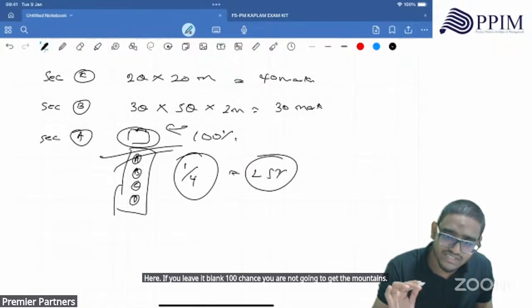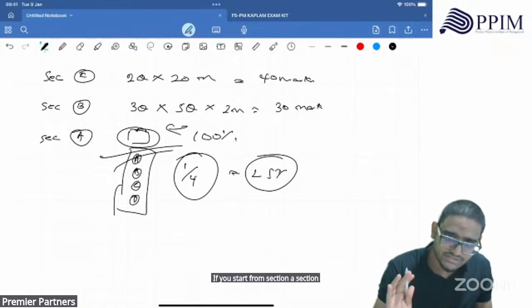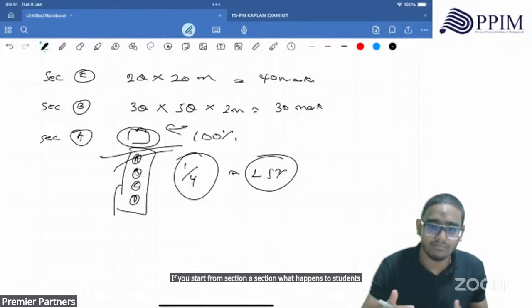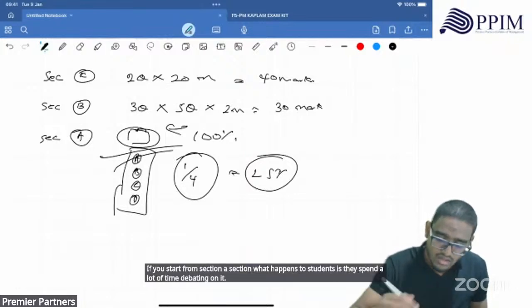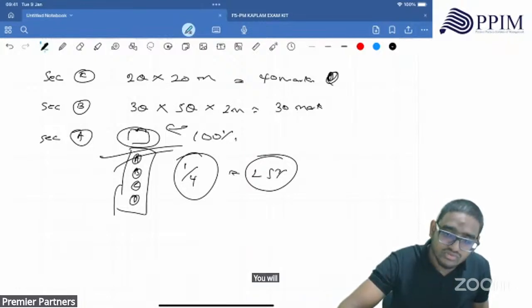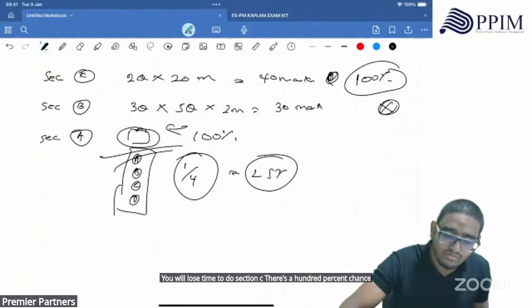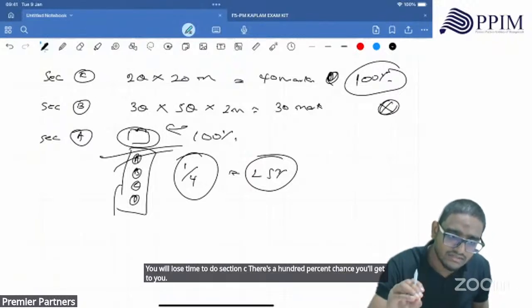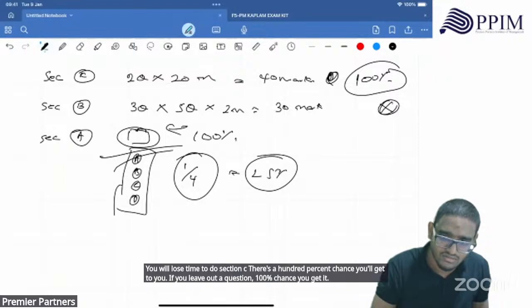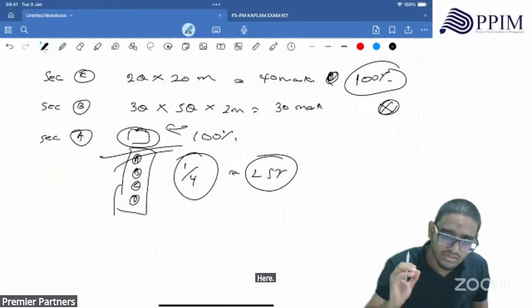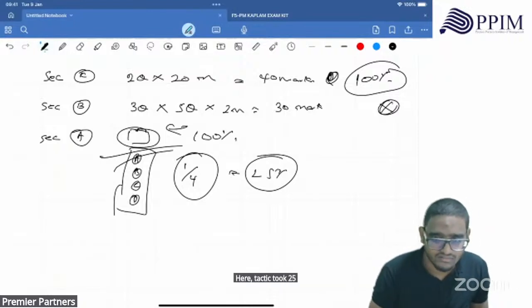If you start from section A, what happens to students is they spend a lot of time debating on MCQ. You will lose time to do section C. There's a 100% chance you will get 0. If you leave out a question, 100% chance you get 0. Here, this tactic gives a 25% chance you'll get it right.